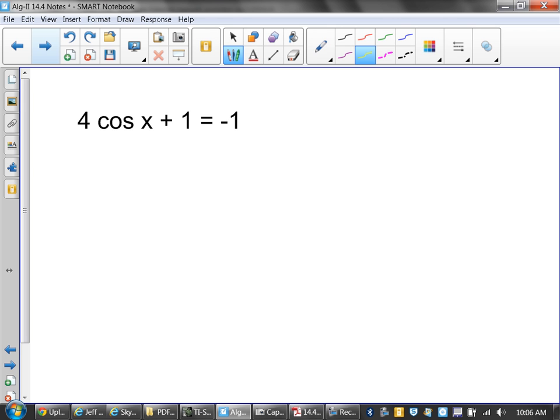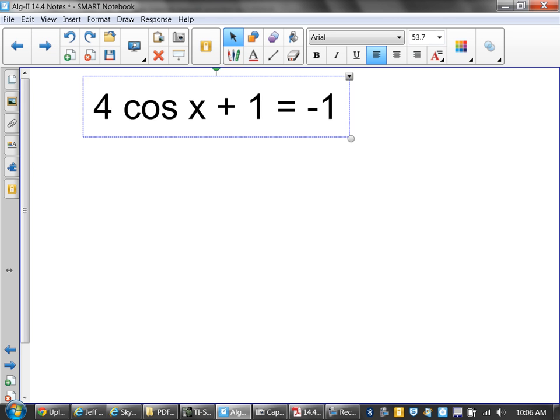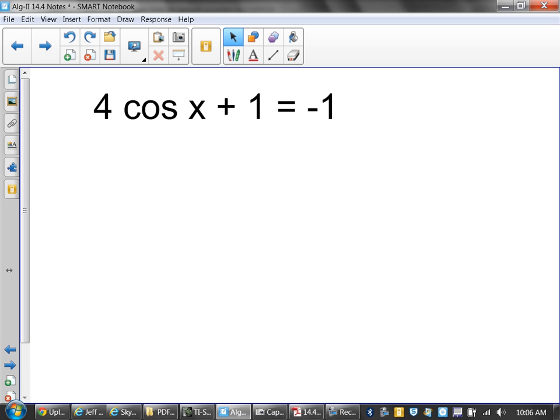Take a look at this one. I have 4 times cosine of x plus 1 equals negative 1. And I think this is the example we think of very well. So if I do this, what's the first thing you're going to move?